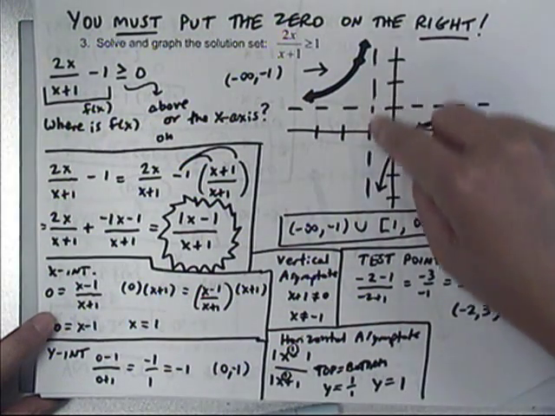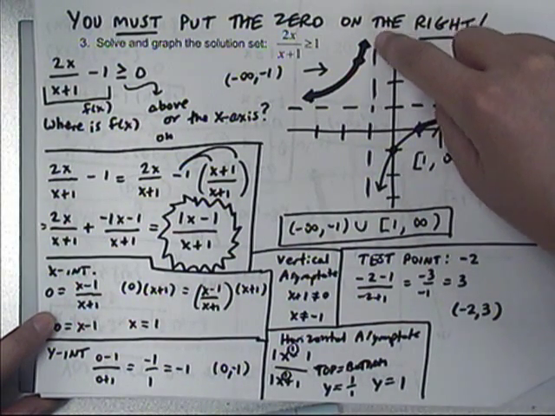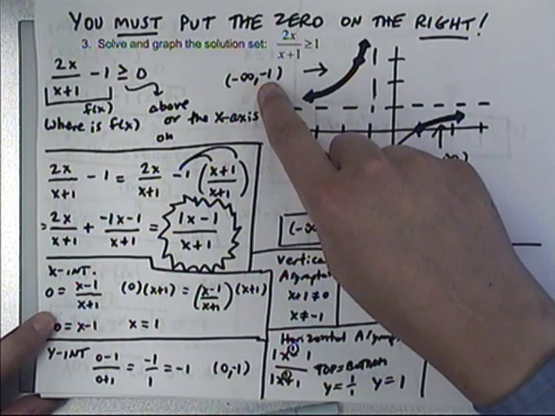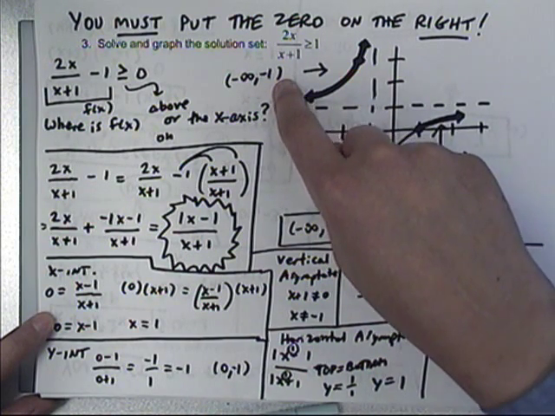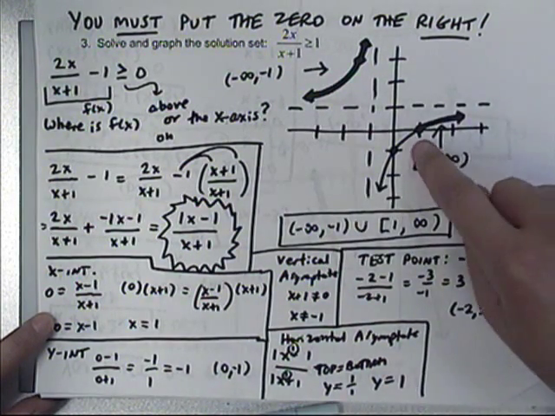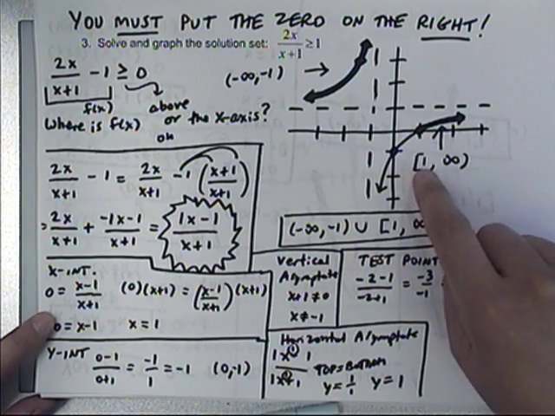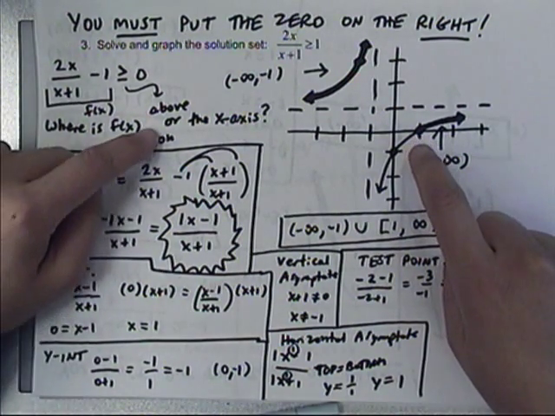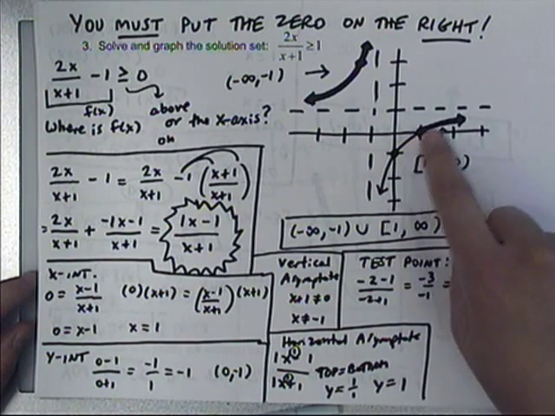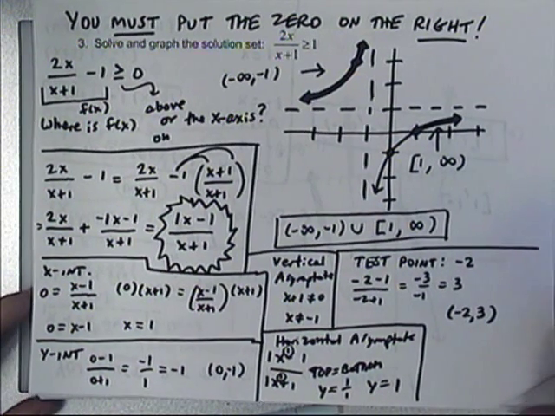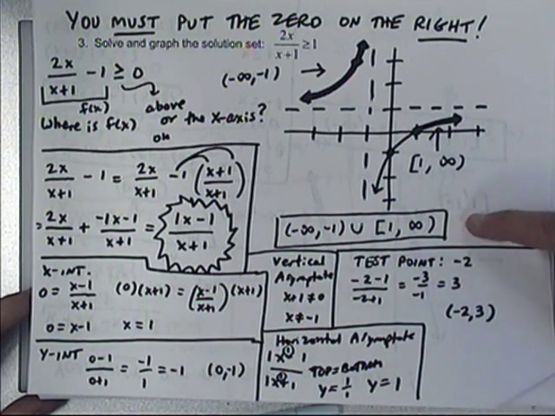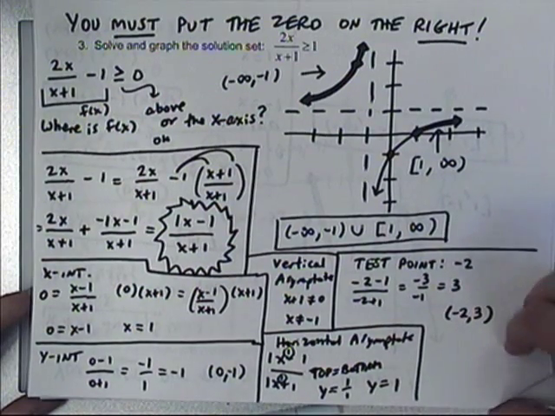On the right, it hugs right up against this x value at -1, but it doesn't actually touch it. So the right boundary is -1 with a parenthesis to say it's not included. However, here, the leftmost boundary is 1. We're going to include that because they want us to include anything on the x-axis. And then on the right, it goes all the way up to +infinity. So that is my final answer for number 3.